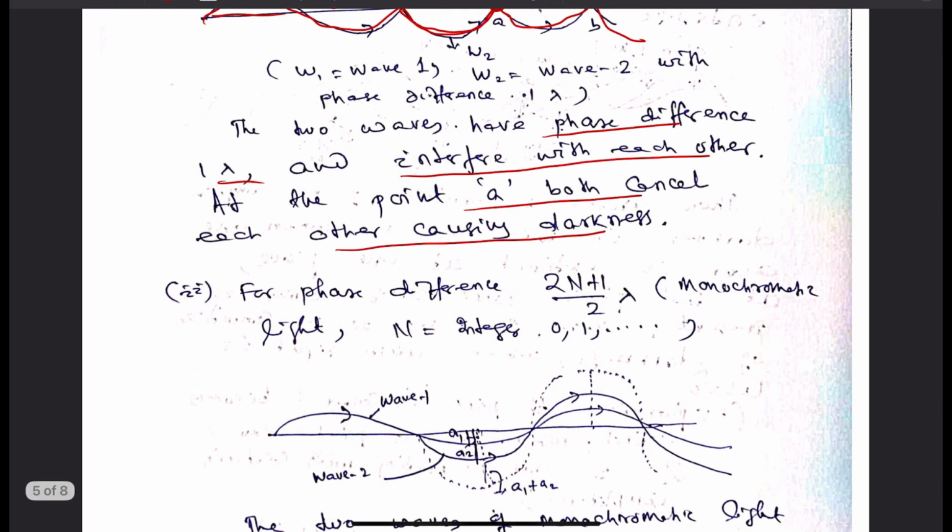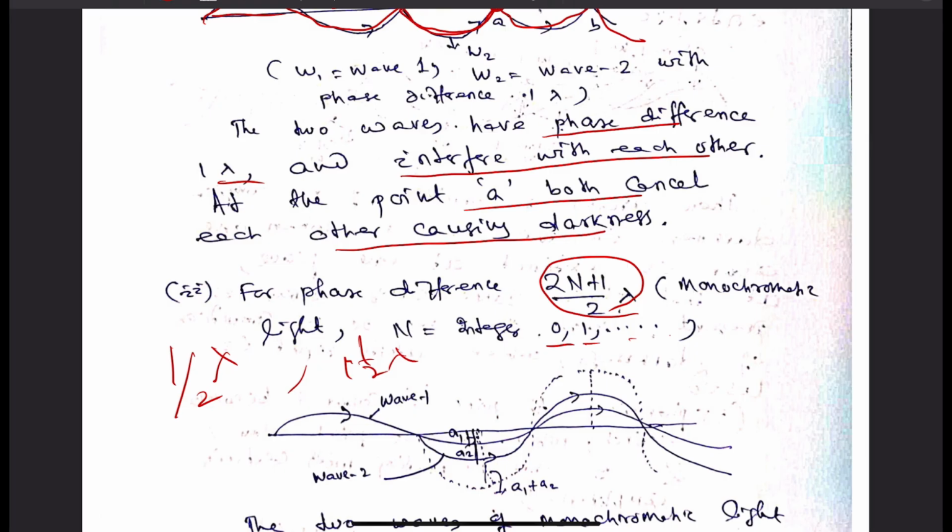Now let us say the phase difference is (2n plus 1) by 2 lambda, where n is an integer starting from 0, 1 like this. So the first phase difference will be 1 by 2 lambda. Second, it may be 3 by 2 lambda, like this.